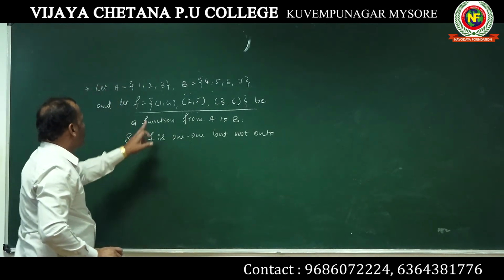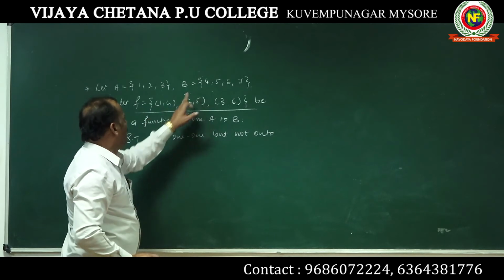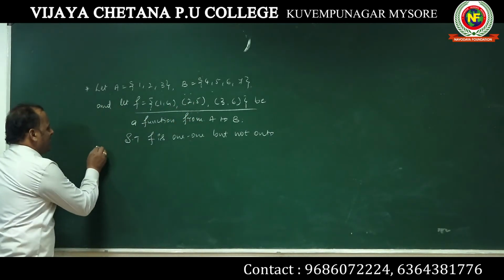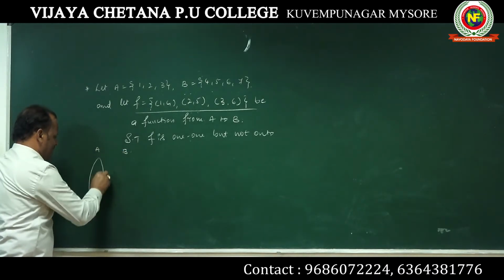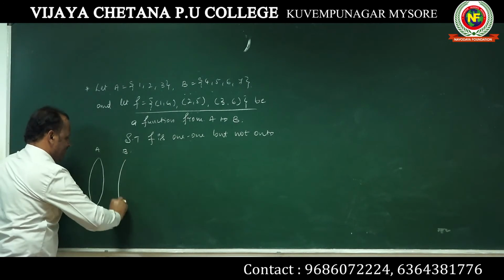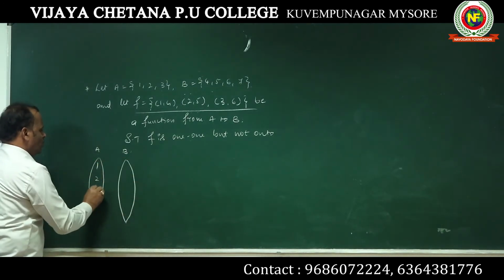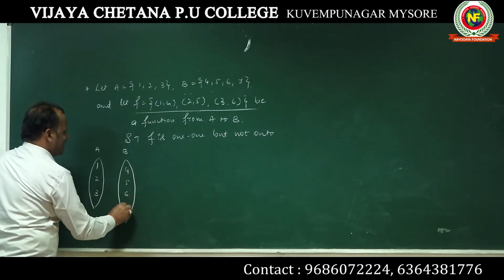Now here 1 has 4, 2 has 5, 3 has 6. I write here A, this is B. For 1, 2, 3, here 4, 5, 6, 7.